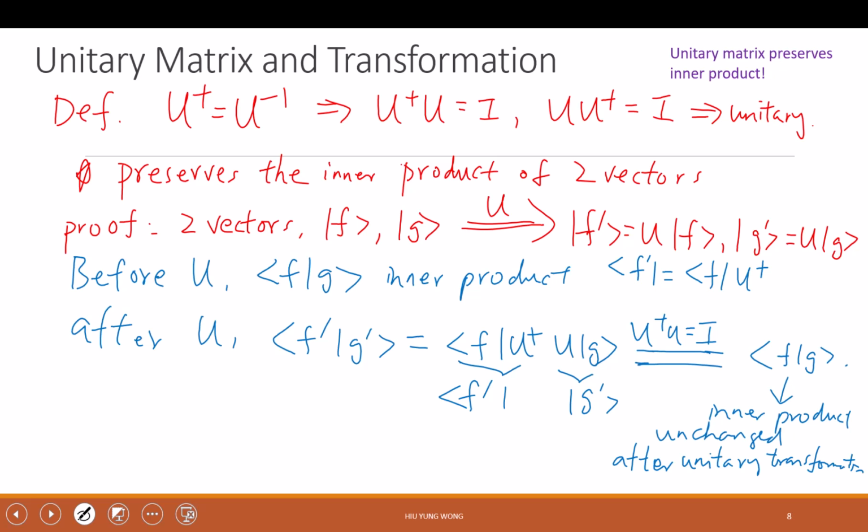All quantum gates need to be unitary. Okay, so in the future, when you do quantum computing, all gates need to be unitary. That's why this is important. Any questions?